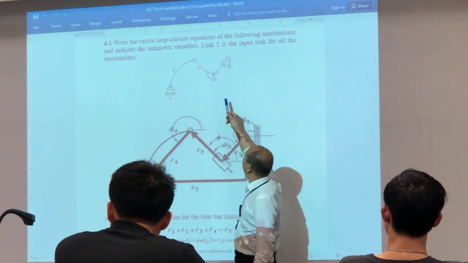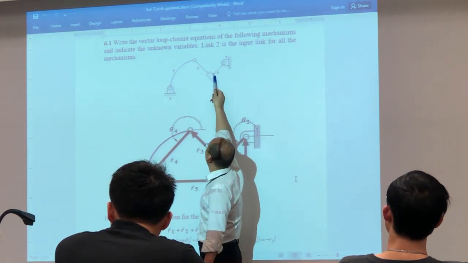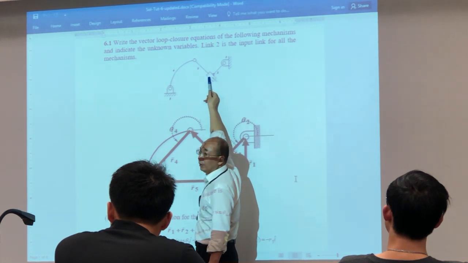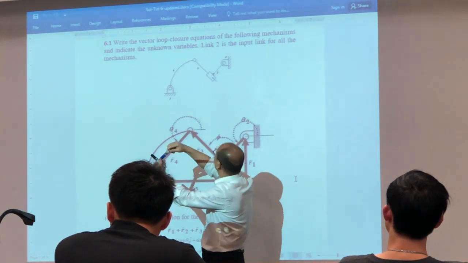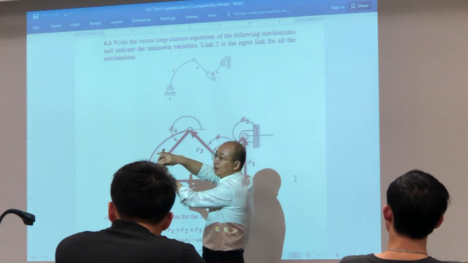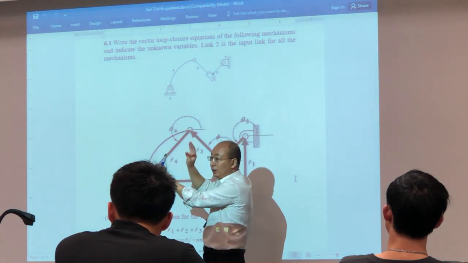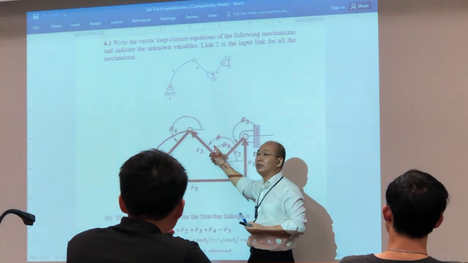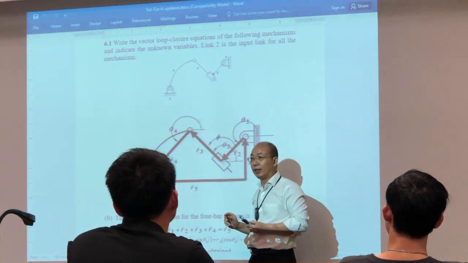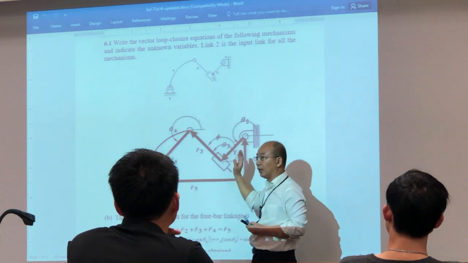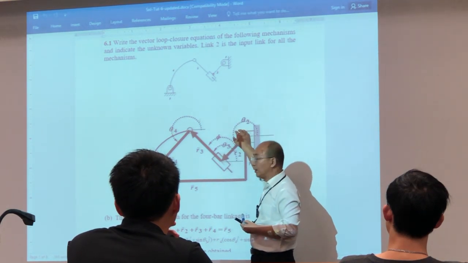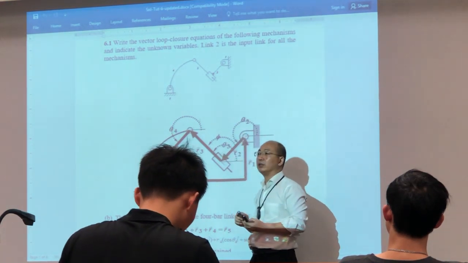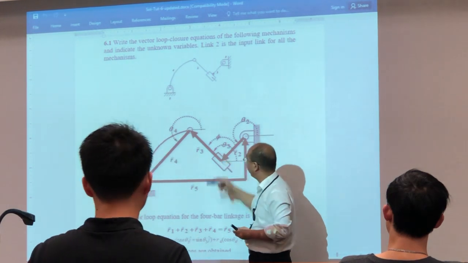Theta 3, if you look at link 2 and link 3, this one is represented as welding. Welding means this one is fixed at 90 degrees, correct? If theta 2 is given, and this one is always 90 degrees, you can easily find theta 3, correct? So theta 3 is not an unknown, because once theta 2 is given, you can calculate theta 3 easily, because of this 90 degrees, right?